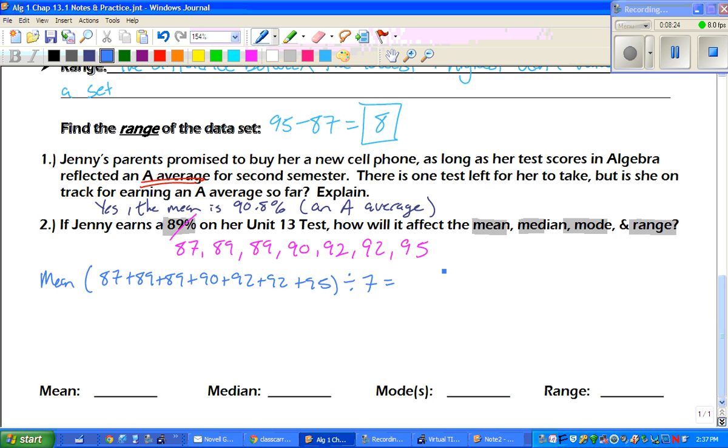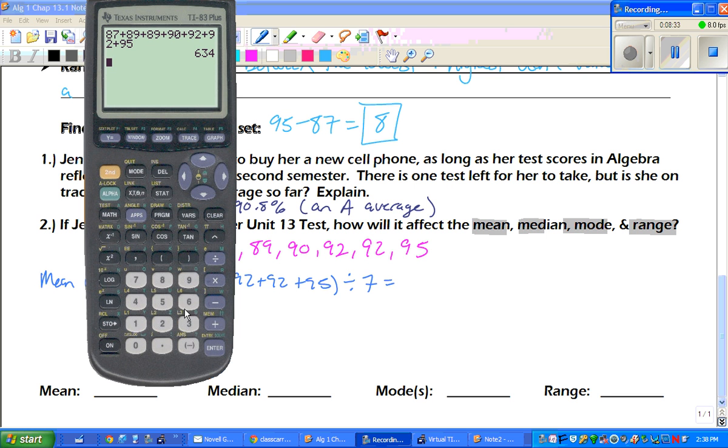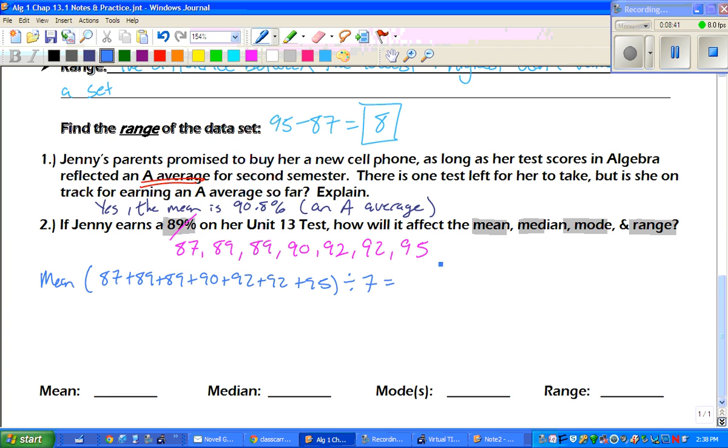And when you do all that, what's your average? Go ahead and pause the video and figure it out. Okay, when you added it all up, you should get 634, and when you divide it by 7, she gets a 90.5. Or 90.57.